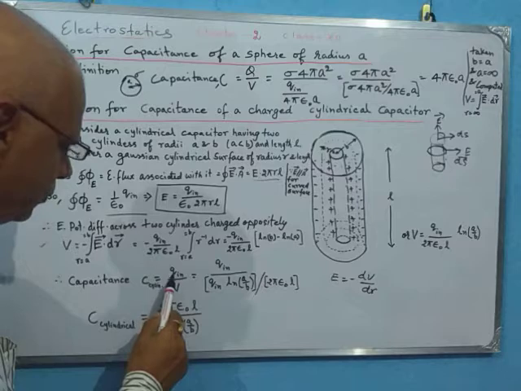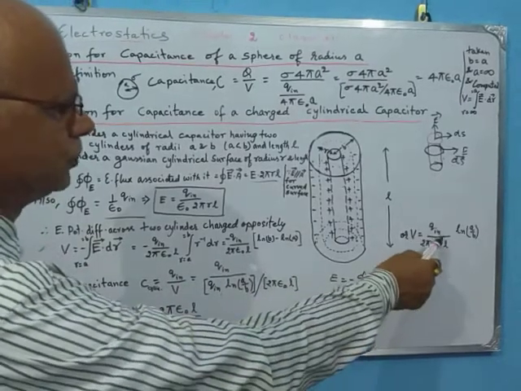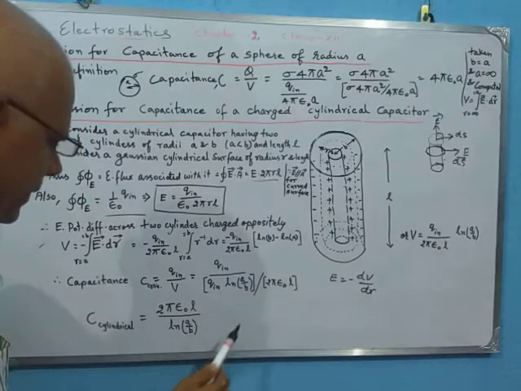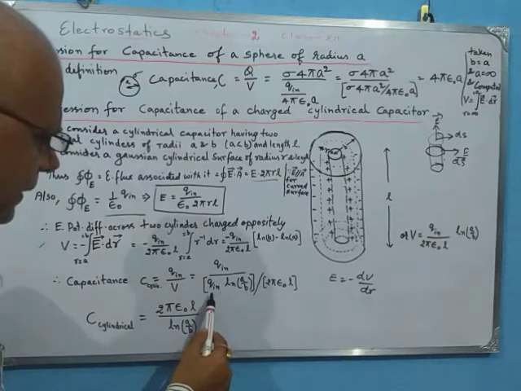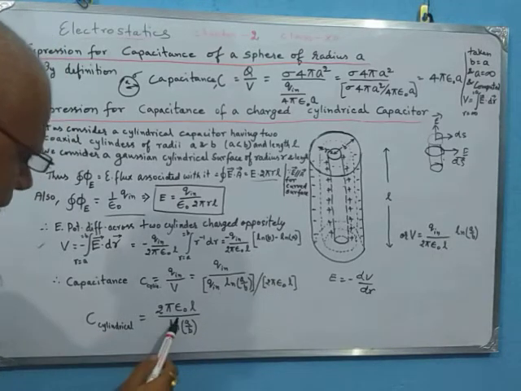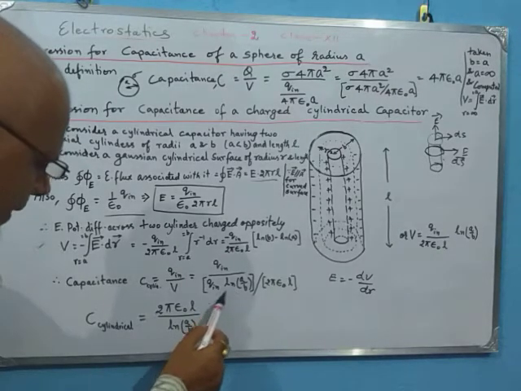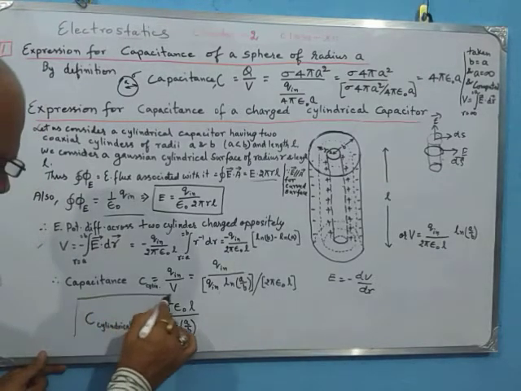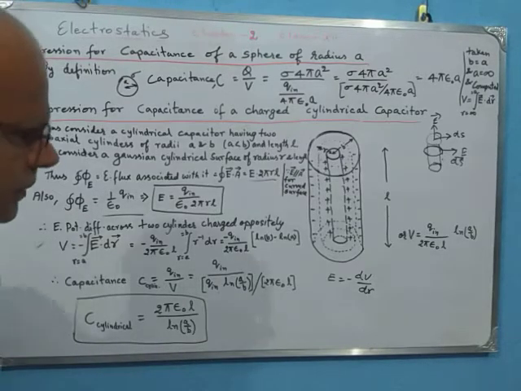So q in we keep as it is, and for V we have q in by 2 pi epsilon naught L times ln a by b. The q in cancel each other, and the factor 2 pi epsilon naught L goes in the numerator, and ln a by b to the base e remains in the denominator. So this is the expression for capacitance of a cylindrical capacitor.